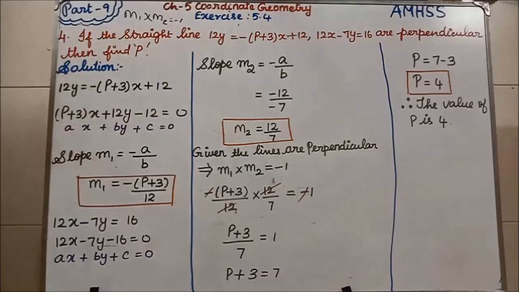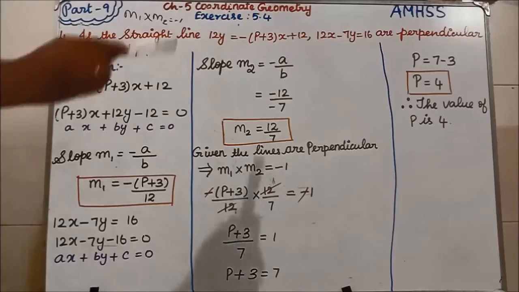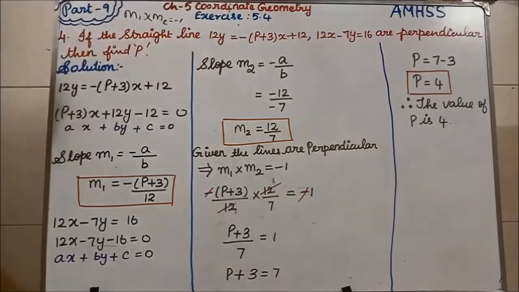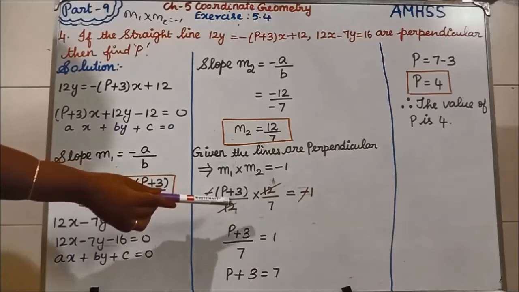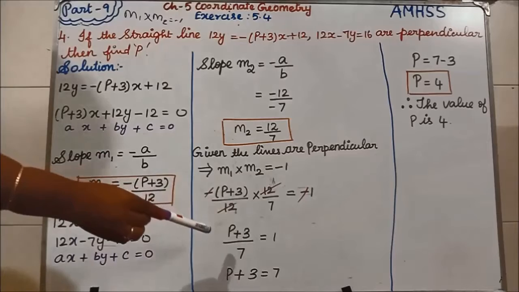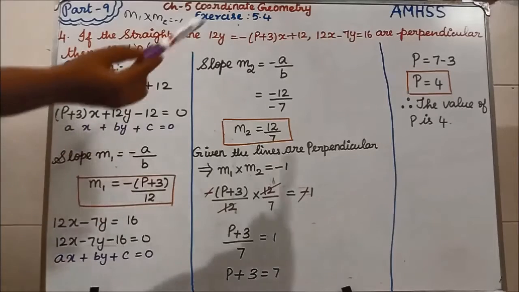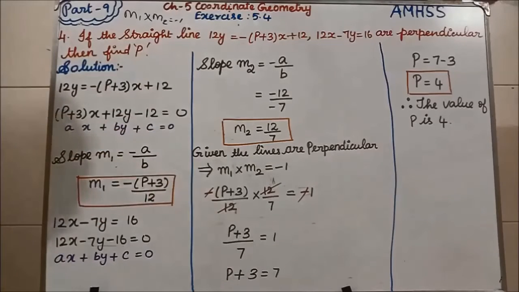Here the denominator is 12 and the numerator is 12, so cancel the 12s. On the left hand side and the right hand side we have minus, so cancel the minus also. Then what remains is (p + 3) in the numerator and 7 in the denominator. Clear students? In the next step, p + 3 equals 7 times 1, which is 7. Then this 3, if it goes to the other side, becomes minus 3. So p equals 4. Therefore, the value of p is 4.